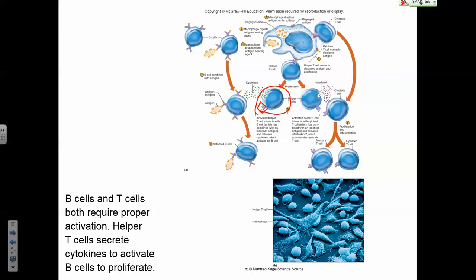It proliferates to provide a whole clone. Some of those become memory cells, and some of them start secreting chemicals. It's just they don't secrete antibodies. They secrete other chemicals that help your immune response. These other chemicals that they secrete are not specific for certain antigens, but the T cell gets activated by the presence of a certain antigen on the surface of one of your cells along with the MHC proteins. Can you get that?